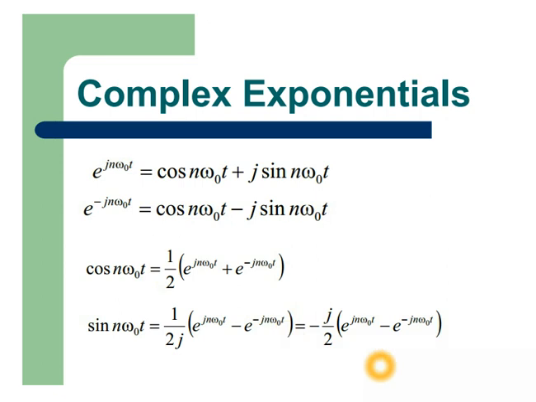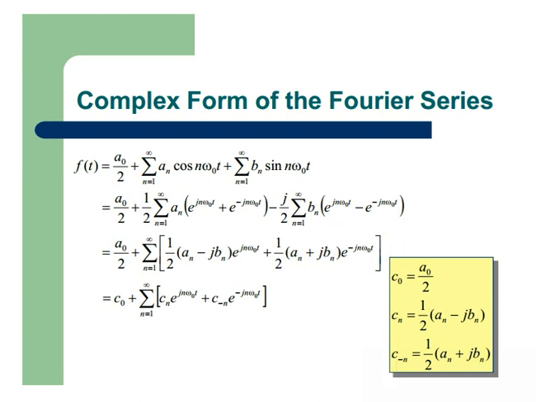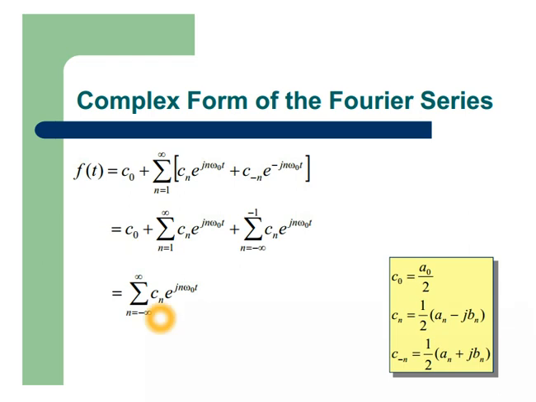If we replace the cosine and sine in f of t by their corresponding complex exponentials and simplify, replacing Cn as 1 by 2 of an minus j bn, and 1 by 2 of an plus j bn as its conjugate, we get the complex form of the Fourier series: f of t is equal to the summation from minus infinity to plus infinity of Cn e raised to j n omega 0 t.